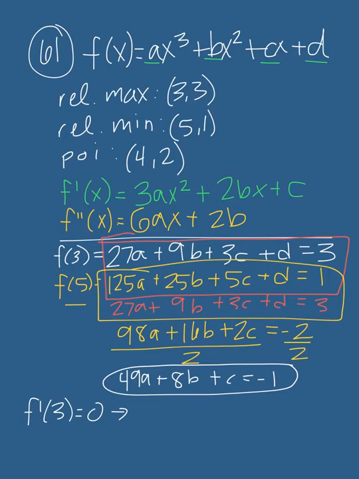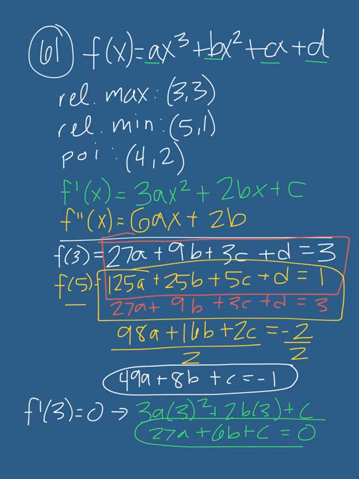So I'm going to say 3a times 3 squared plus 2b times 3 plus c. That gives me 27a plus 6b plus c equals 0. Notice that this equation has 3 variables, kind of like the last one. So I'm probably going to end up using those two together.